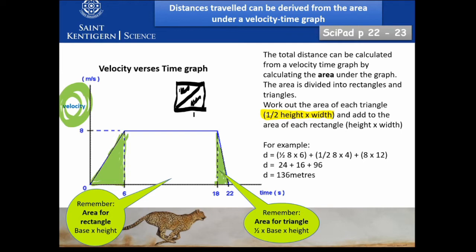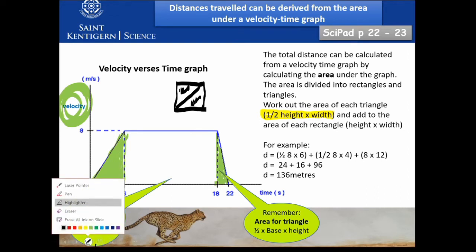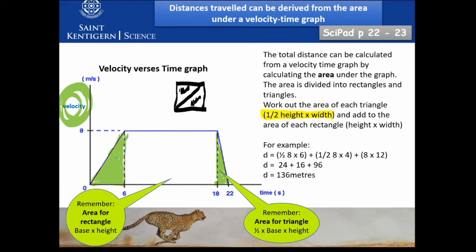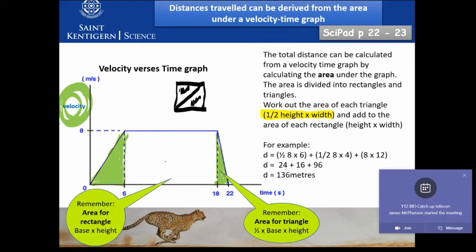In other words, half of the rectangle's area will be the area of my triangle. So height times width, and half of that is going to be my triangle. That is something that you are expected to remember. Then a rectangle is simply height times width, because it's the whole thing.